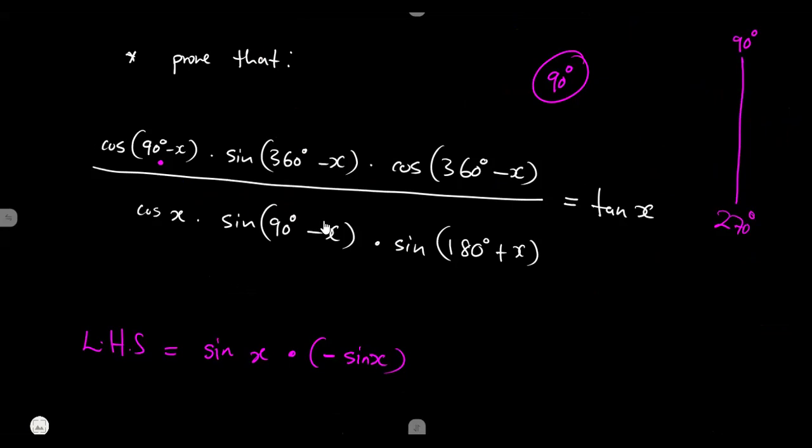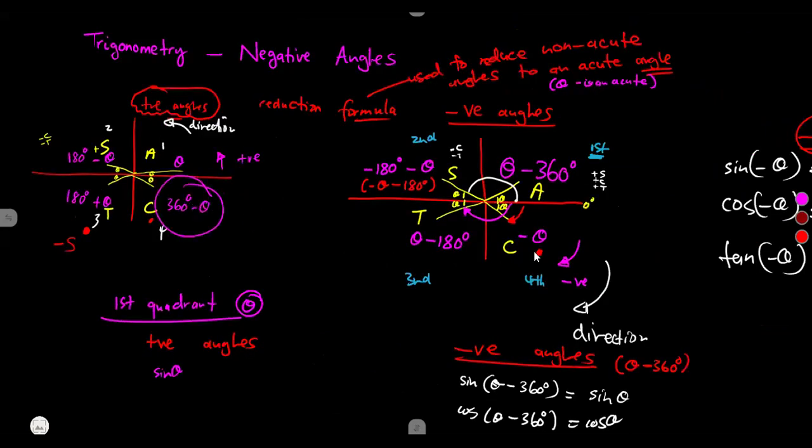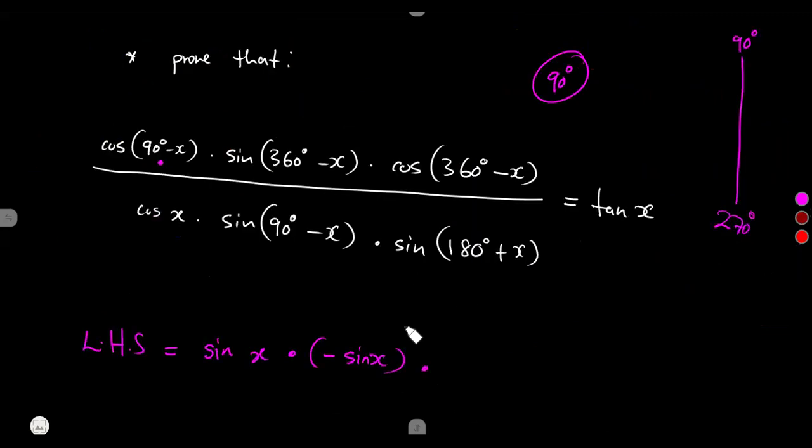All right. In reduction, sine remains as a sine, but you consider whether it is negative or positive. What about cos of 360 degrees minus x? Same quadrant. And this is the quadrant for cos. Cos is positive there. So not wasting much time, our cos there is positive.